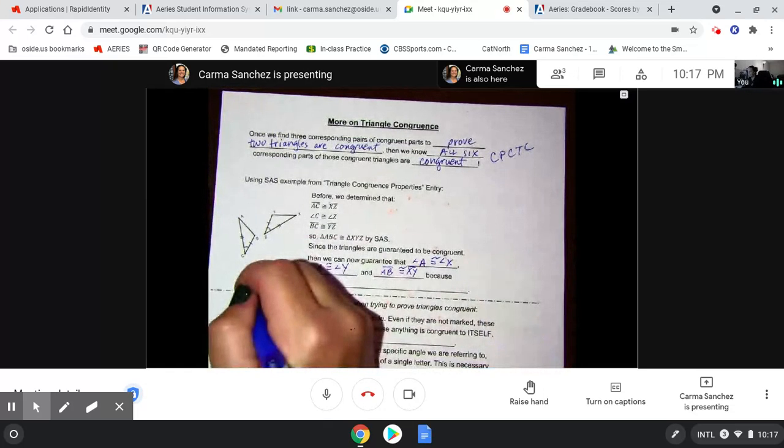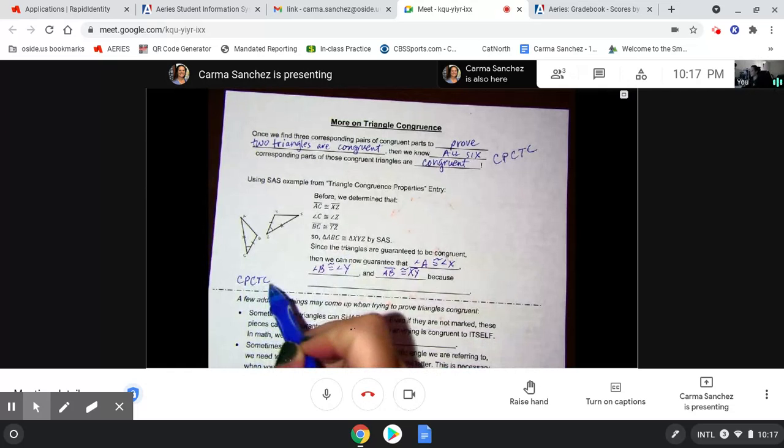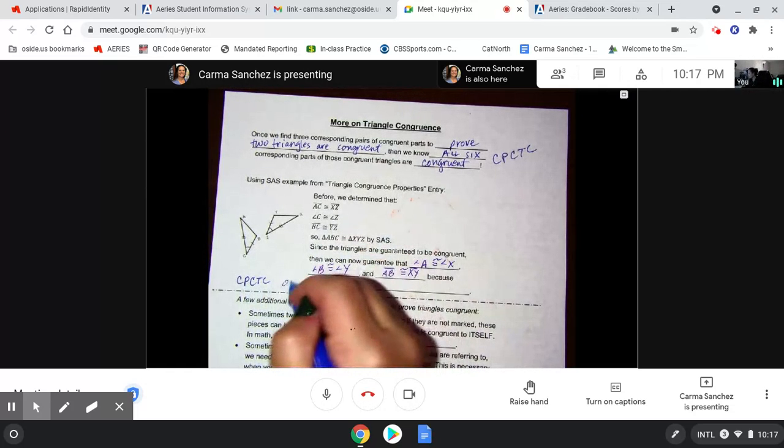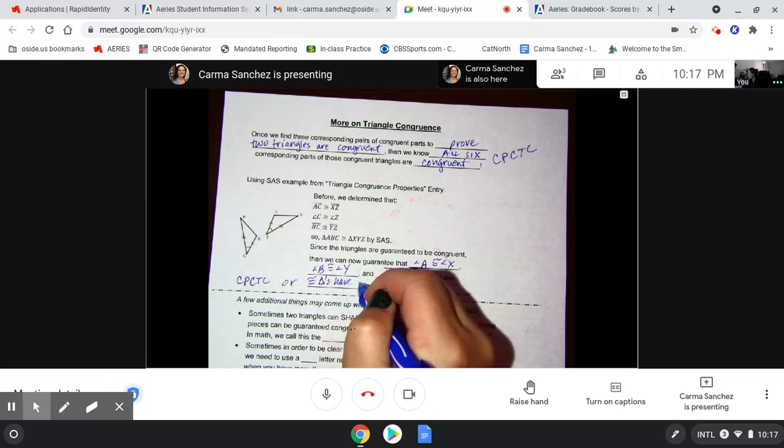In the study guide, they taught you CPCTC, congruent parts of congruent triangles are congruent, or there's another little notation that people use, and that's congruent triangles have congruent parts.